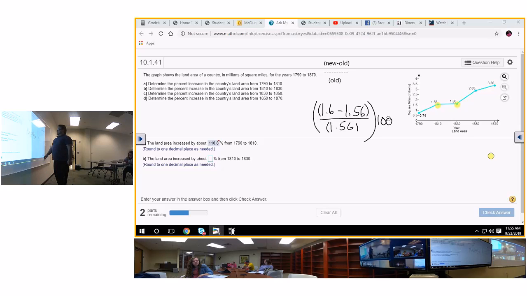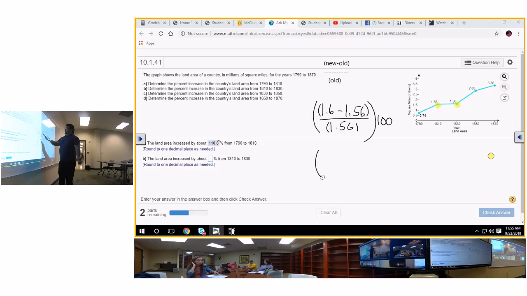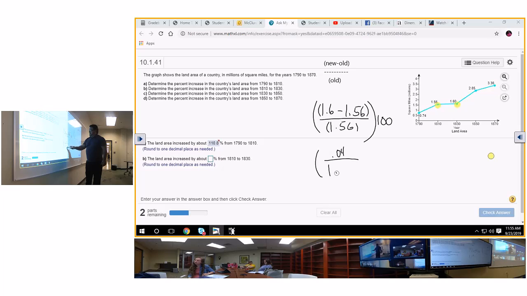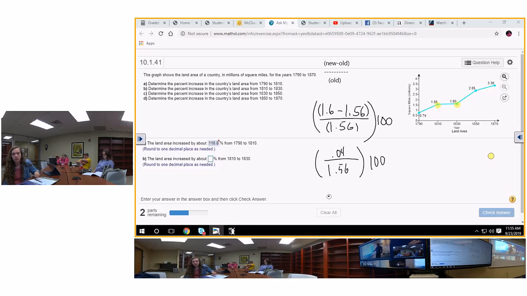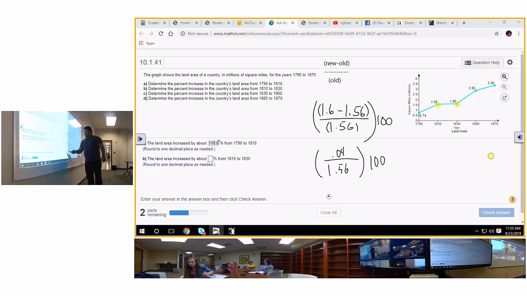Somebody give me this decimal right here in parentheses. What is 1.6 minus 1.56? That's 4 cents, so 0.04 divided by 1.56. Give me 3 or 4 digits.